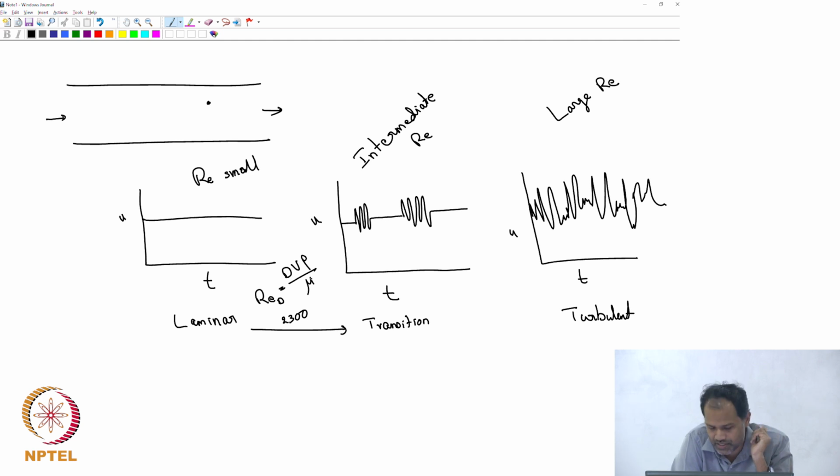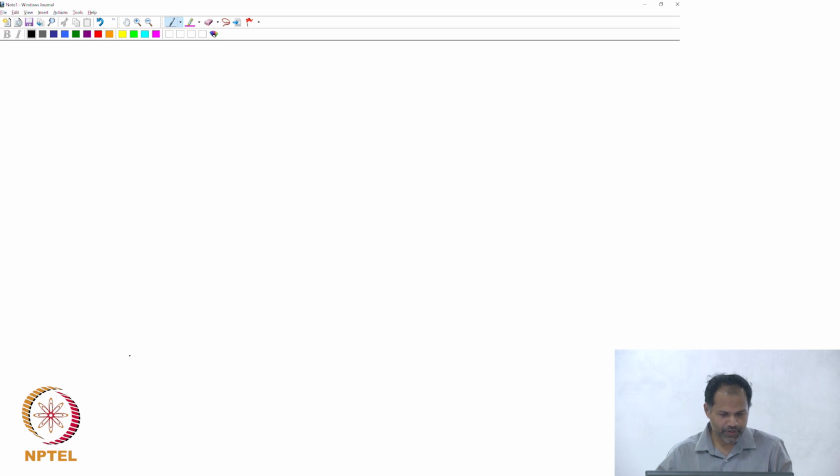When it is defined based on diameter and is slightly greater than 2000, you would start seeing the transition. So just to give you the typical regimes.